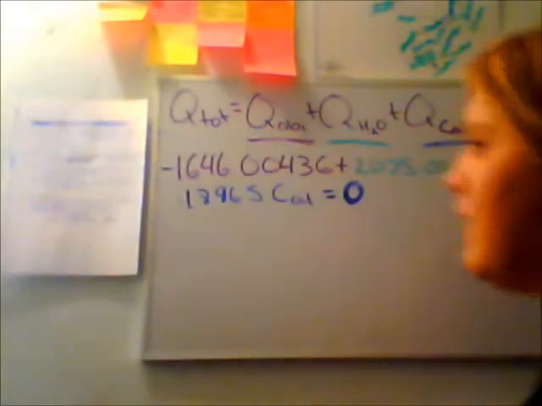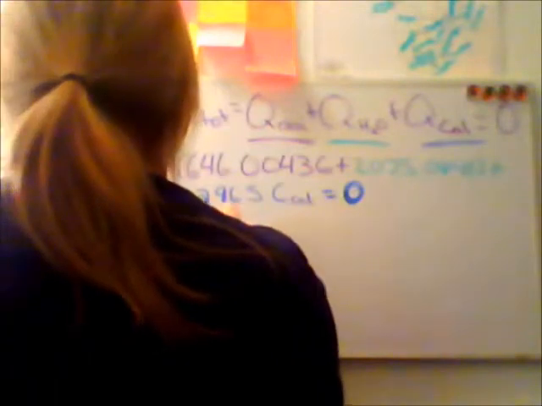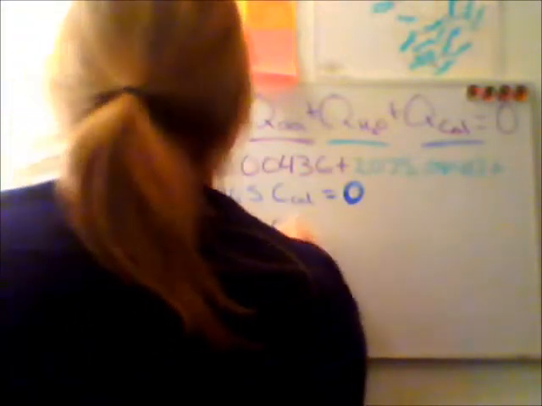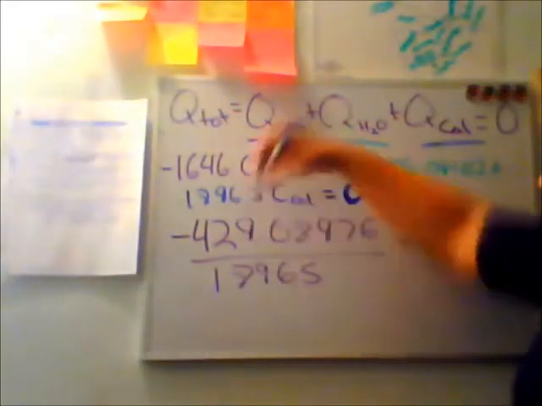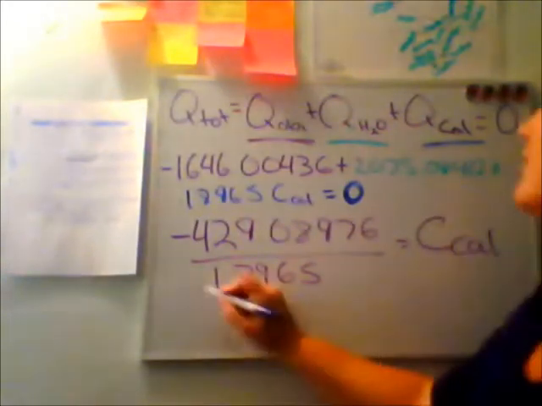So what that will come out to, if I scoot over here to the right, you can't see it all, okay, is going to be negative 429.08976. This big mess. There's a decimal point here.